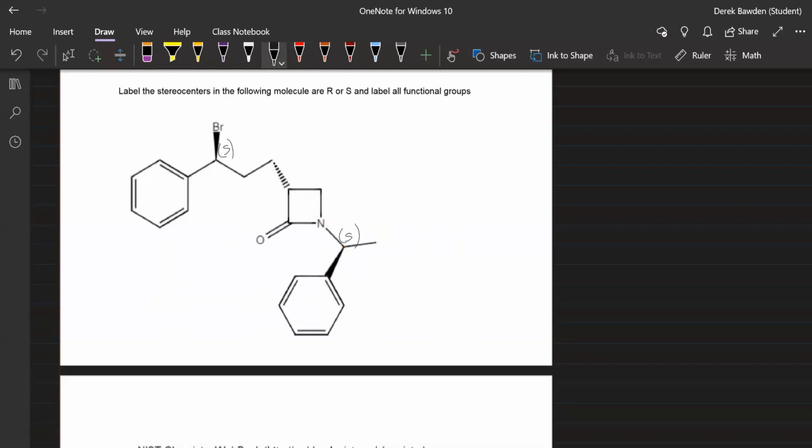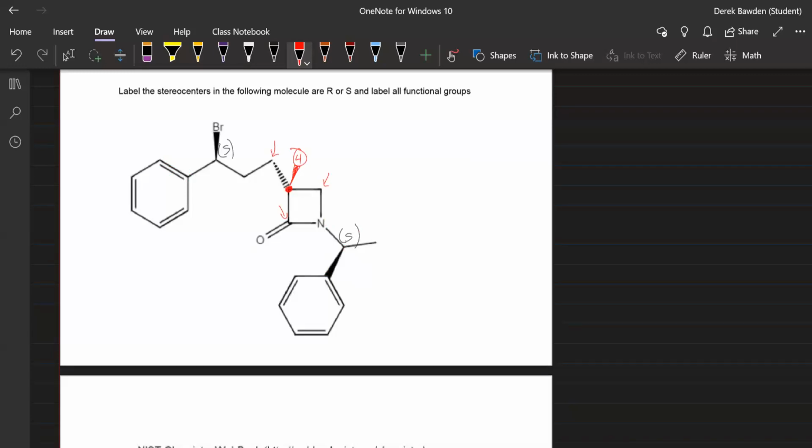Any other stereocenters in the molecule? Is there one on the top left of the square? Yes, there is. Perfect. Okay, that's another stereocenter. Okay, we're bonded to a hydrogen, which is our number 4. Okay, and then we got carbon, carbon, carbon.